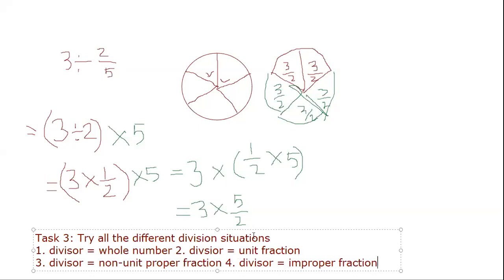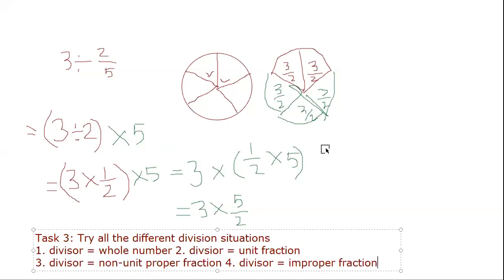So at this level, I don't care what your dividend is, but you have to get all these 4 kinds of divisors and do it. Since we are talking about plates, you can take a circle as the plate and split it, etc. That is perfectly fine. And you can write the dividend part in terms of numbers. That's perfectly fine too. So this is the third task.